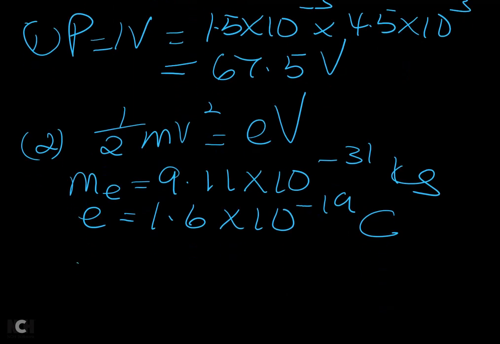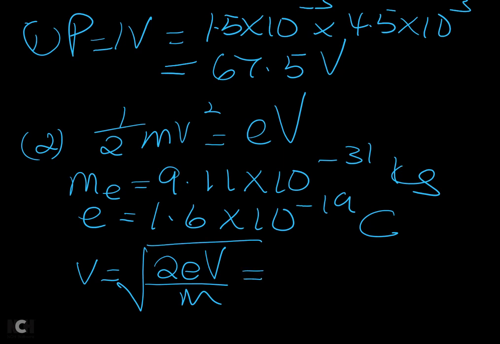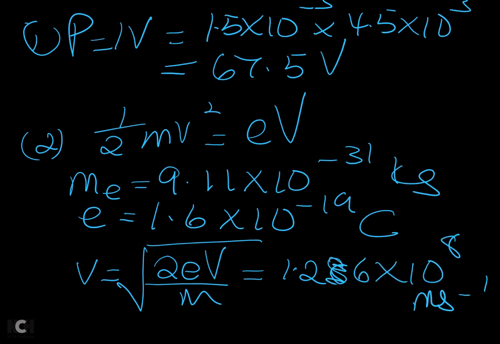Okay, so then here you can get v, which is the square root of 2eV over the mass. And when you substitute those values, you will get 1.26 by 10 to the 8 meters per second.